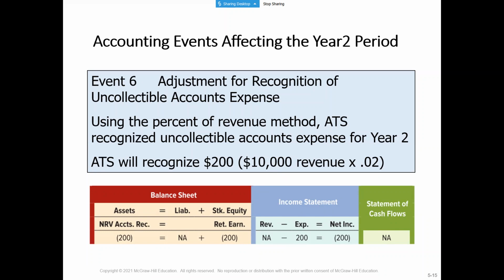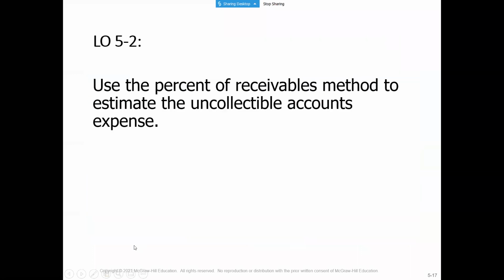So for every year, our adjustment will be revenue times 2% to come up with the addition to allowance for doubtful accounts. We're calculating the uncollectible accounts expense as a percentage of sales. Percentage of receivables focuses on what the allowance for doubtful accounts balance should be at the end of the period. So we'll look at that now instead.